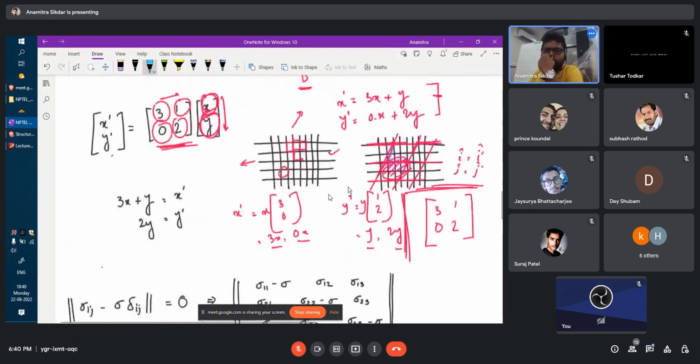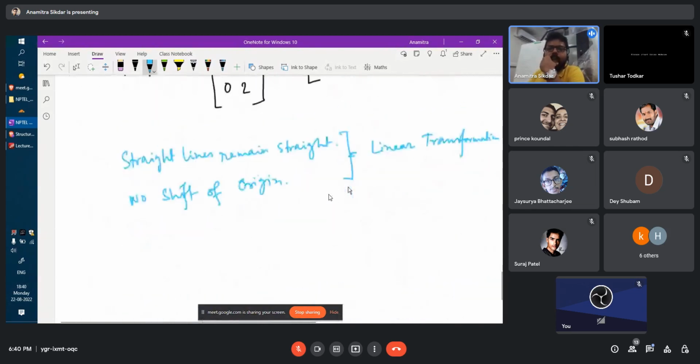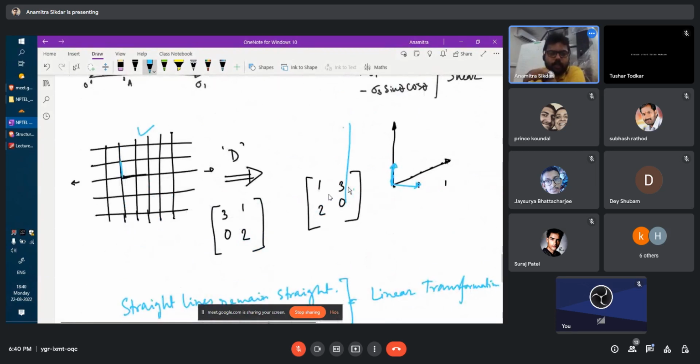Are we clear now? So if we have a body somewhere here, so suppose this is a body. After this operation, this body will be stretched and it will be something like that. It will be something like that.